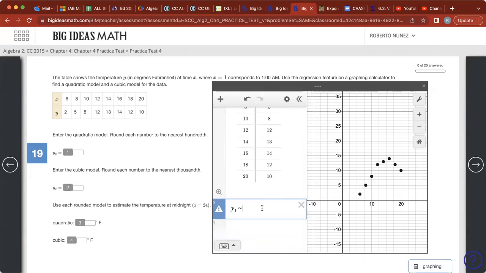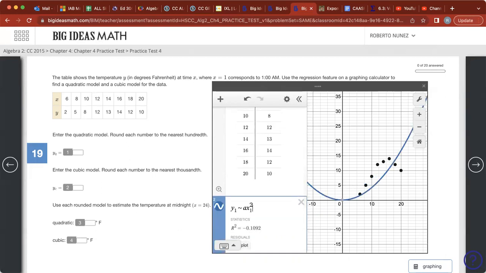And so this means that the standard form is going to look like this: a x1 to the second power plus b x1 plus c.